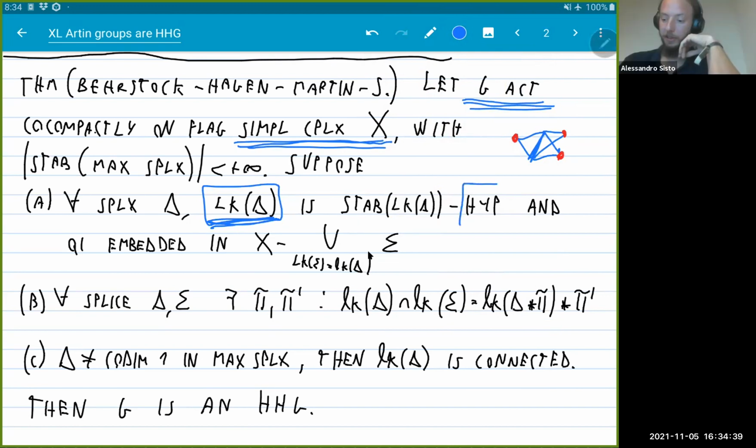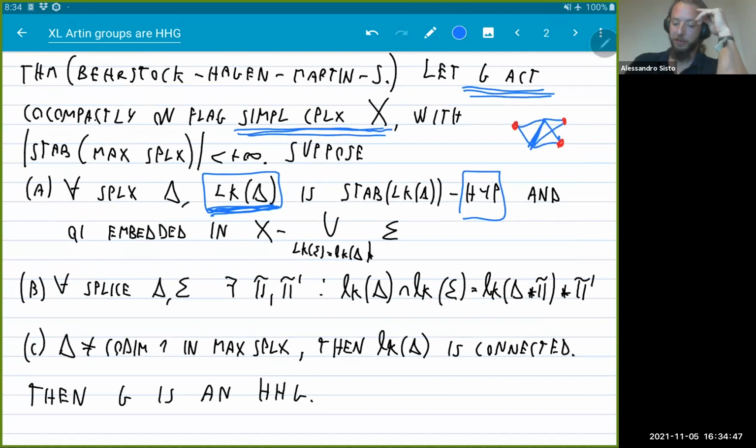Yeah, so there's this unfortunate little technical thing, but mostly in view of condition C, which maybe I'm going to describe now. So certainly you have disconnected links. For example, if you take a codimension 1 face in a maximal simplex, then its link will be just discrete. Okay. And condition C says that if that's not the case, then you get something connected. So in fact, except in this particular case, the link will already be hyperbolic.